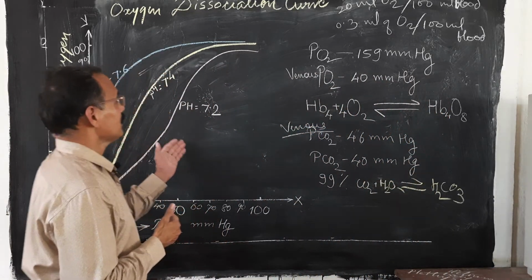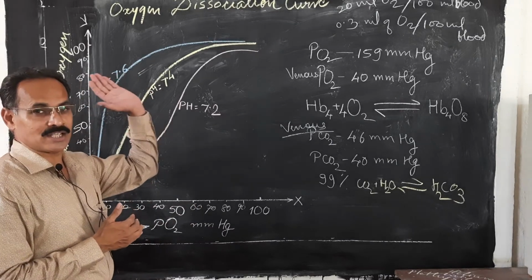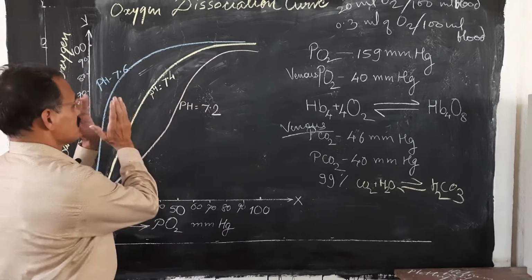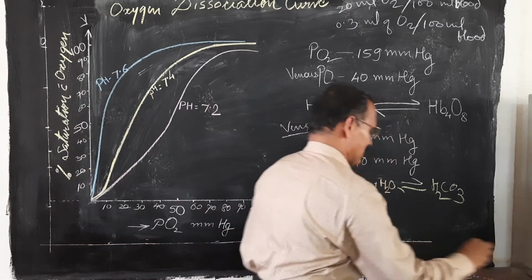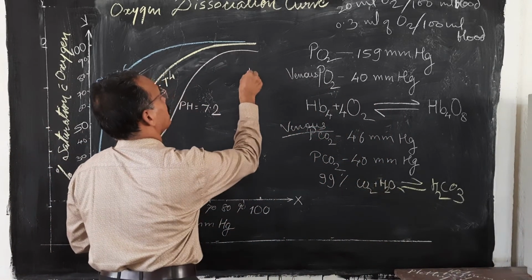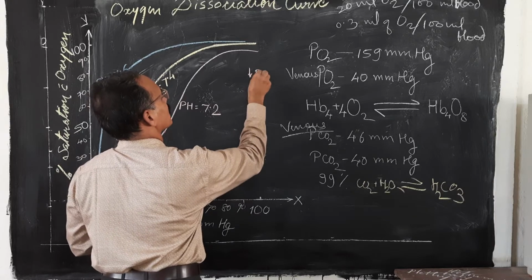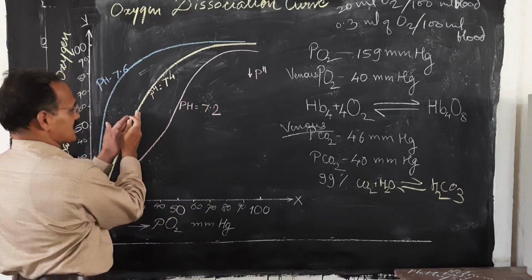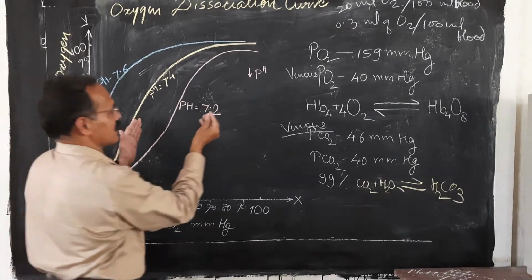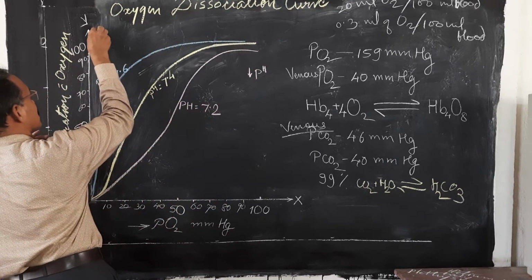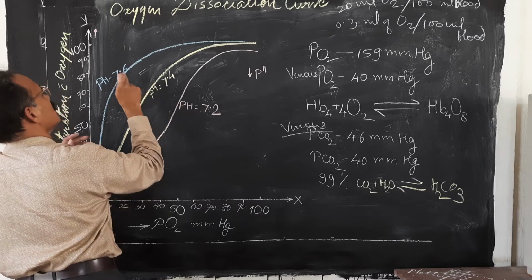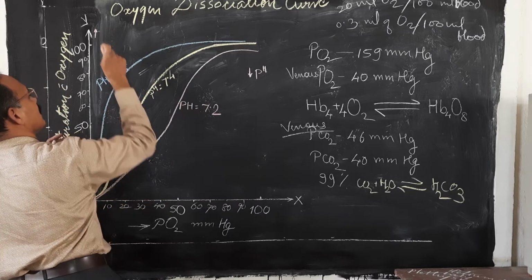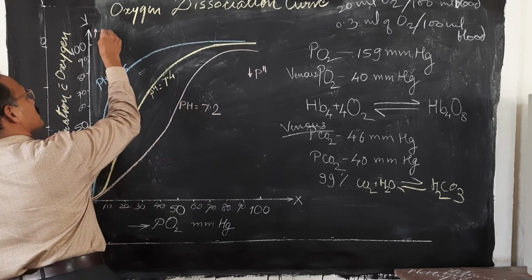So this oxygen dissociation curve is always shifting as the pH changes. When pH decreases, the graph shifts to the right-hand side, and if pH increases from 7.4 to 7.6, the graph shifts to the left side.